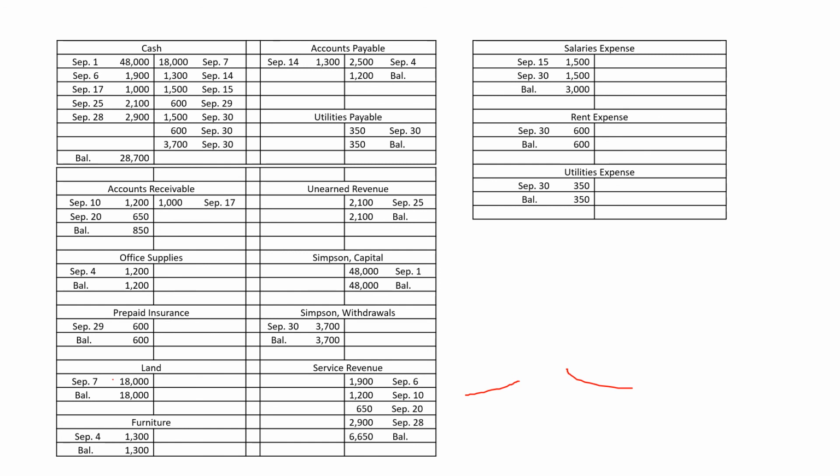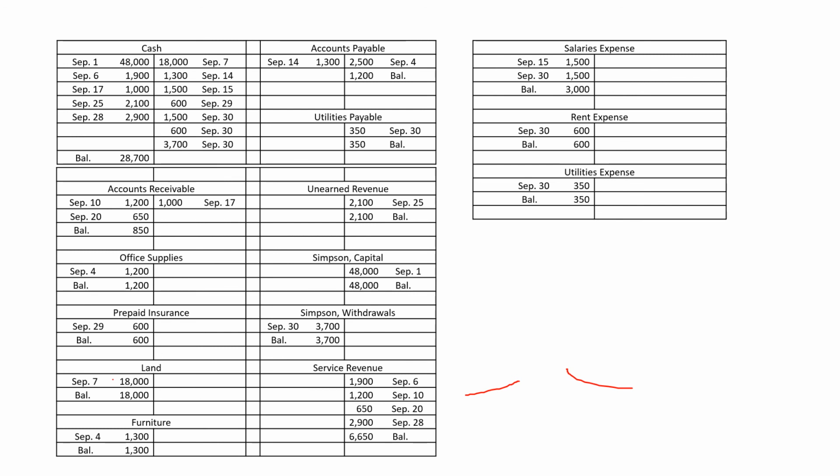Credit side of service revenue, $650. The next, on the debit side of cash, $2,100. On the credit side of unearned revenue, this is September 25th, $2,100. On the 28th, debit side of cash, $2,900.